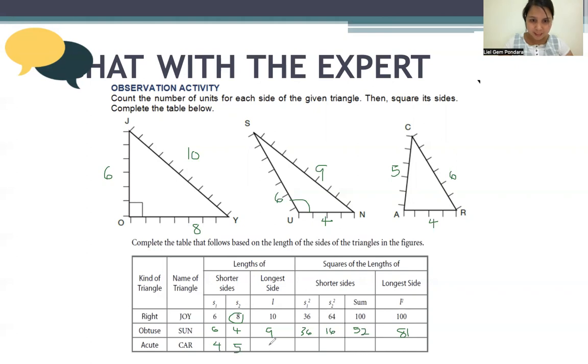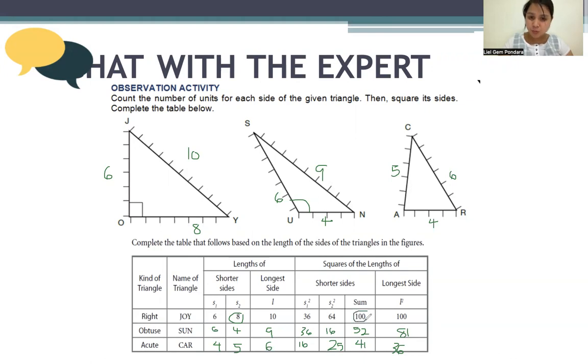The longest side is 6. So we'll have 16 plus 25, that's 41. The square of the longest side is 36. Now, you check.